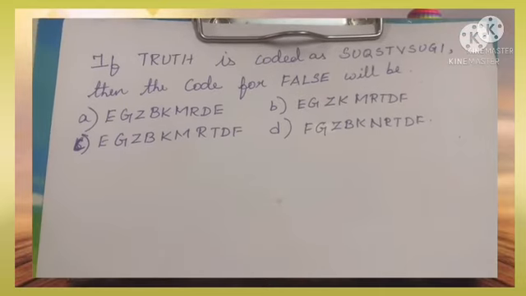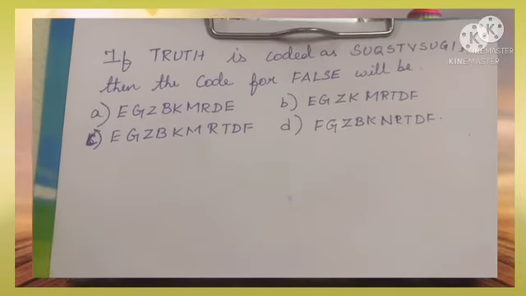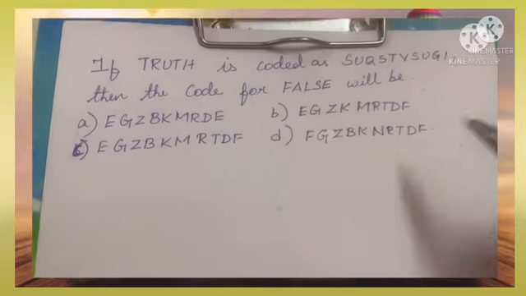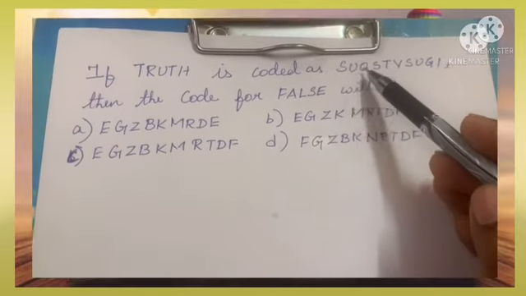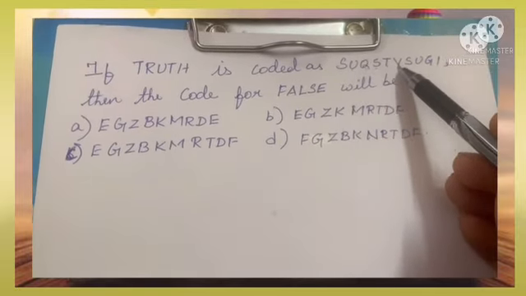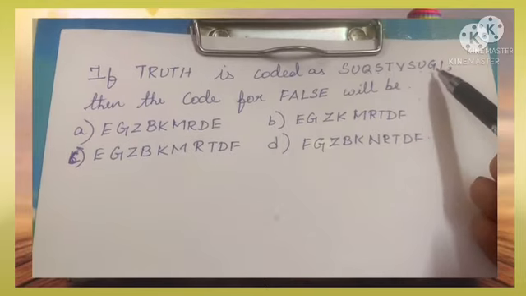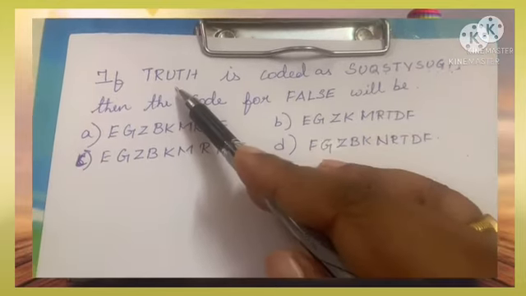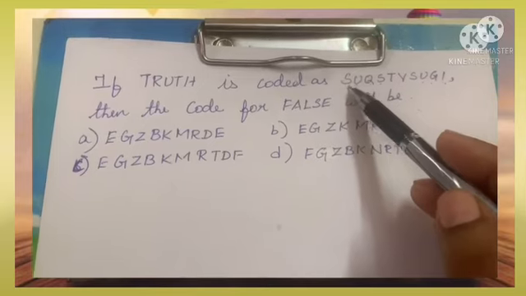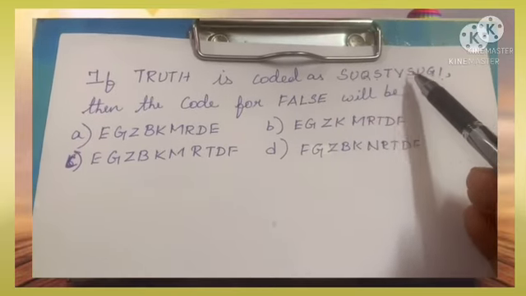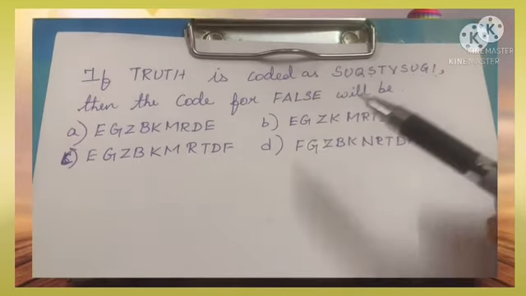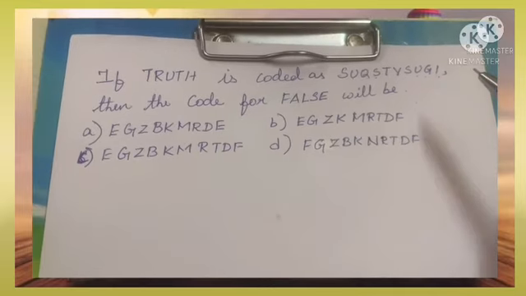Okay, now we have taken one more example. If TRUTH is coded as SUQSTVSUGI. So truth is having only 5 letters here. But see, 1, 2, 3, 4, 5, 6, 7, 8, 9, 10. It is double of it. Okay.